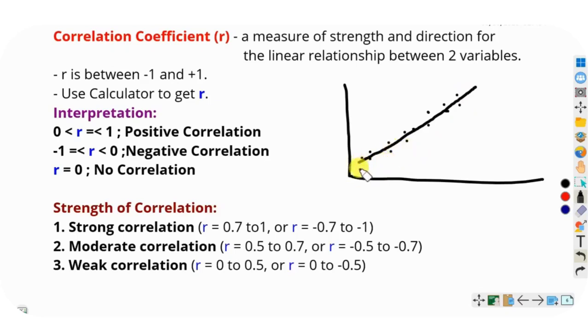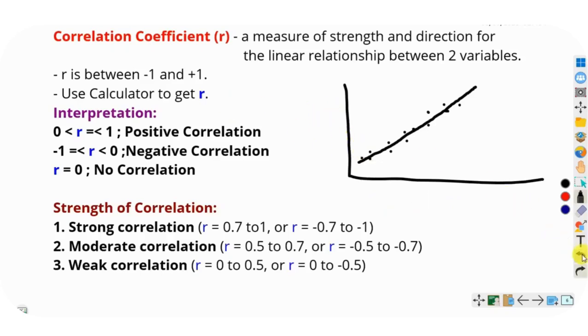So the way this data is, if this is the x values and this is the y values, when the x value increases, you see this is the first one, second one, the third one, and so on. So if the x values increase, the y value also increases. So the relationship is positive. They are directly proportional. When x increases, the y value also increases, right? So that is what we call a correlation in the two variables. When this variable increases, that one also increases.